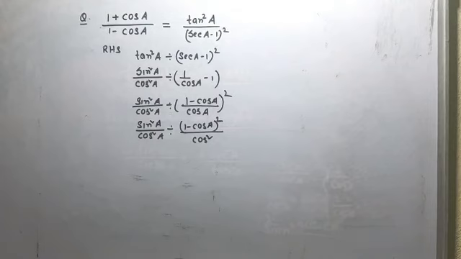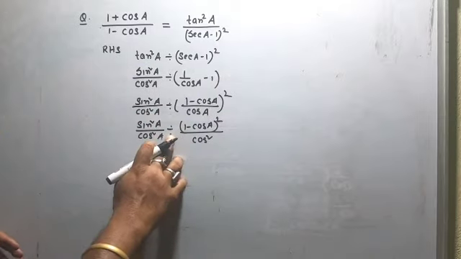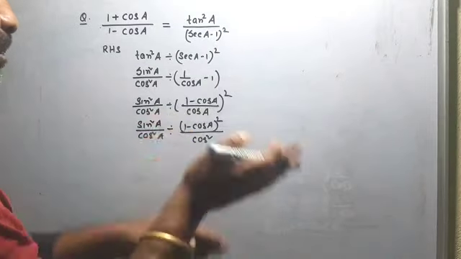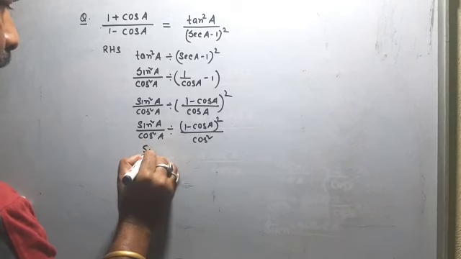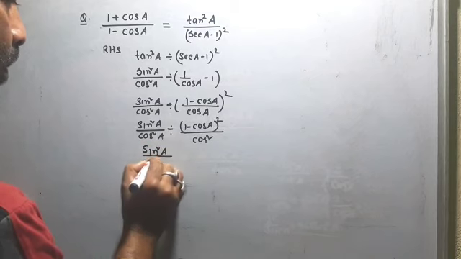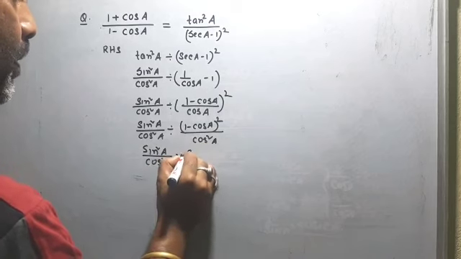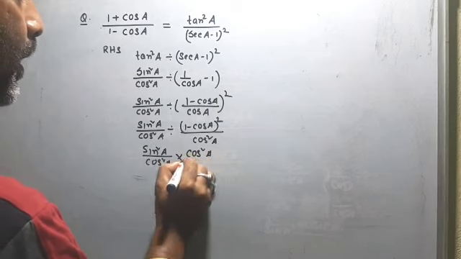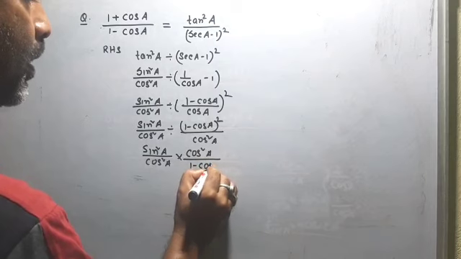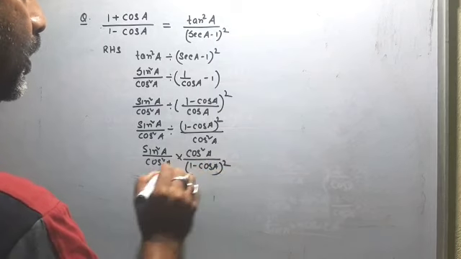Clear? Now when it is divide, now it is multiply. So you write sin square a by cos square a, and now it is multiply, so cos square a by 1 minus cos a whole square.